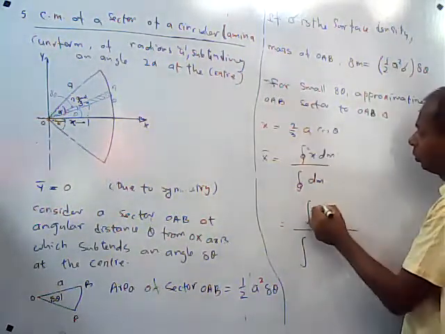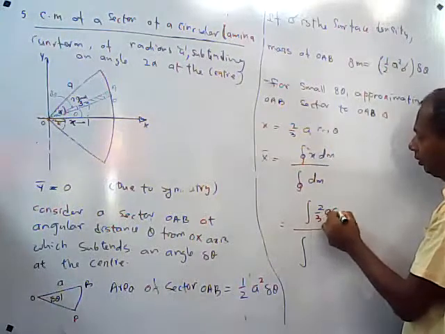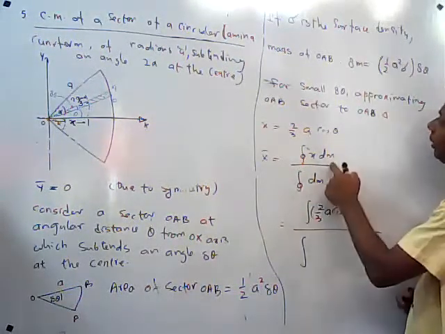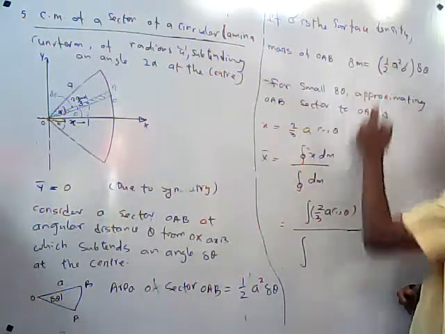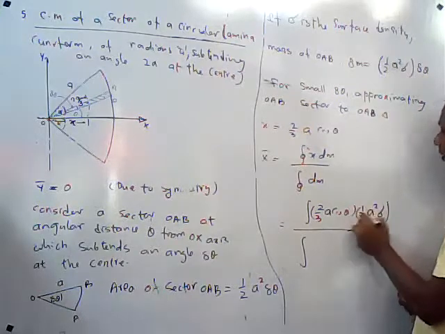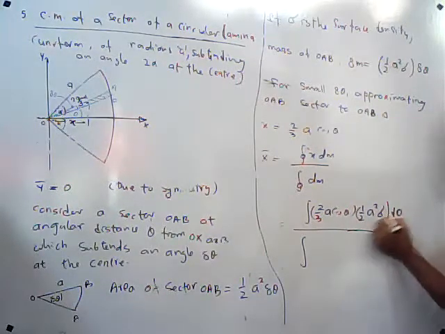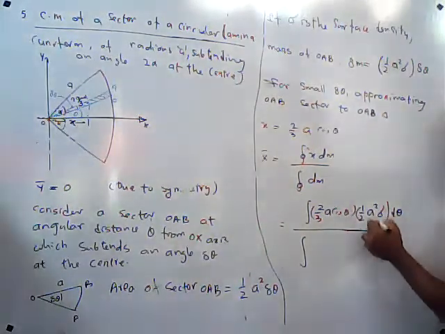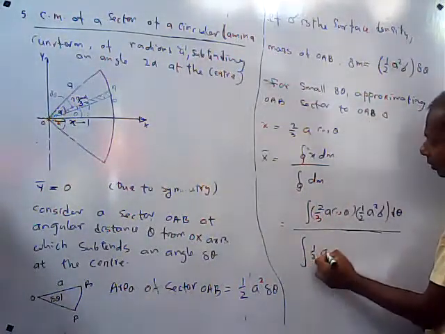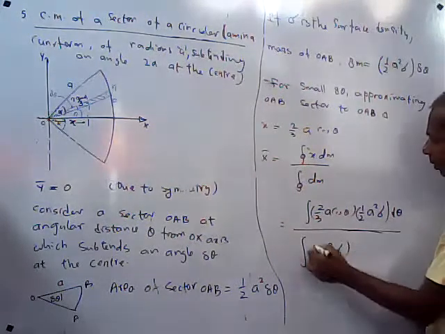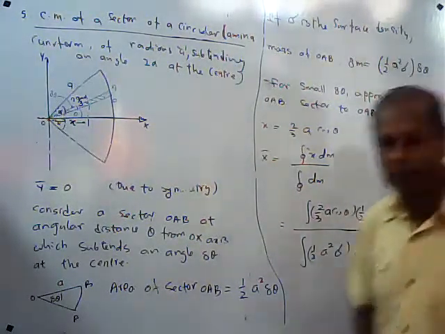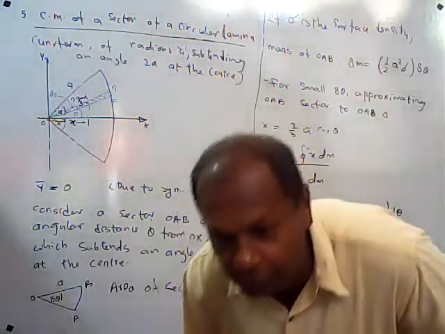X is 2 over 3 a cos theta into dm. dm is half a squared sigma d theta. The integral goes over the range minus alpha to plus alpha.